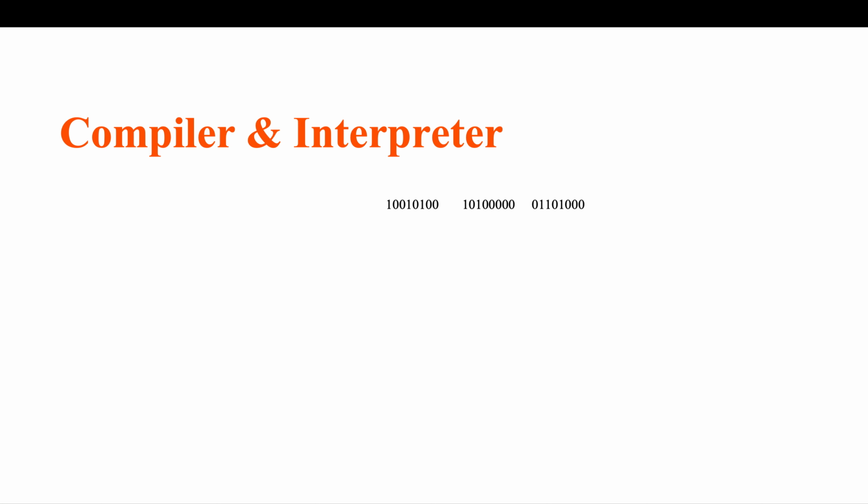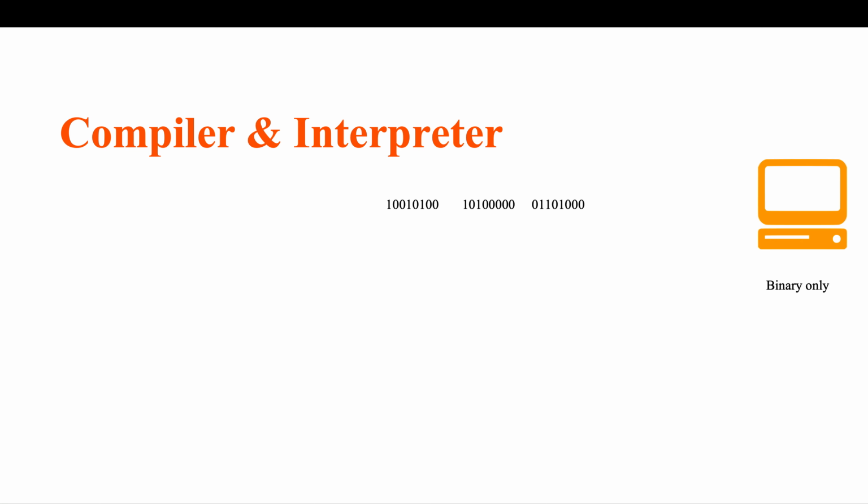So first we will talk about what is a compiler and what is an interpreter and how these programming languages actually work. In the beginning, computers used to work only on binary. This is also the case at the current moment. Computers understand only binary code. In the beginning, there was no language available.